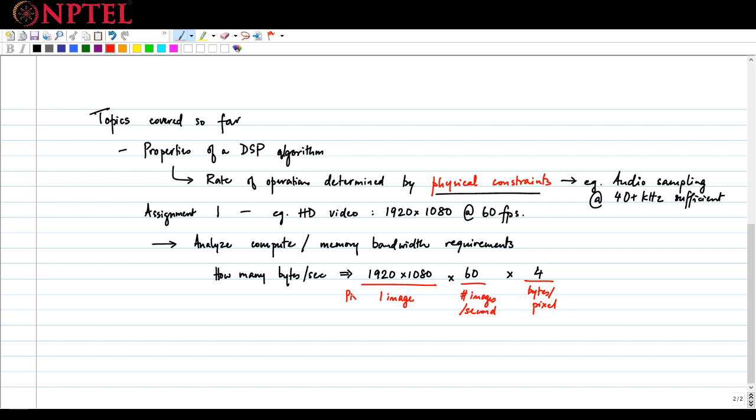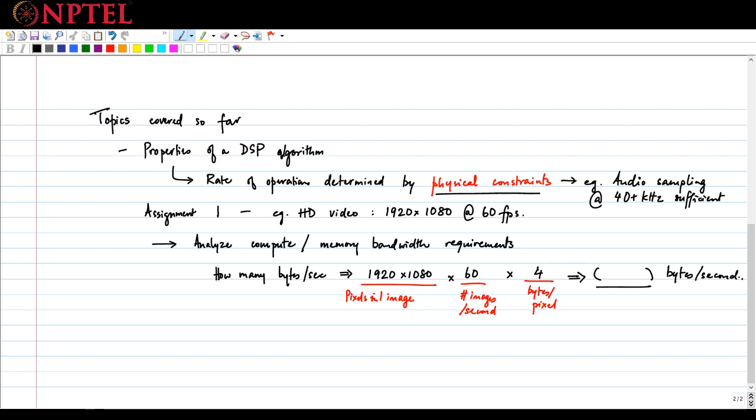So the first one is basically pixels in one image multiplied by the number of images per second, multiplied by the number of bytes per pixel, and all of this put together would give you some number of bytes per second.